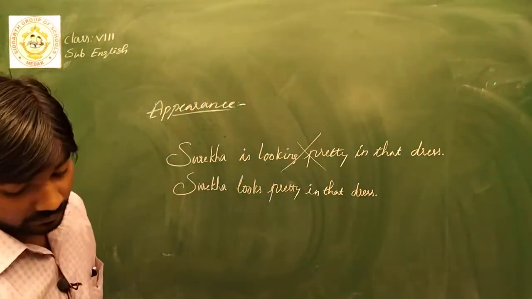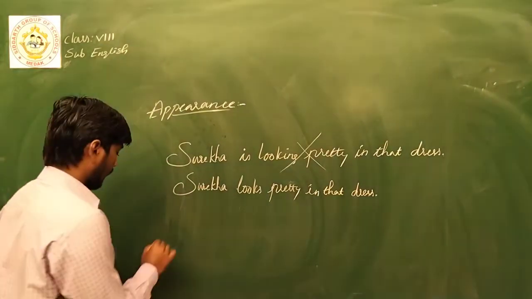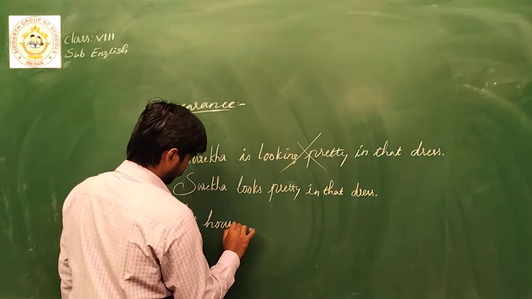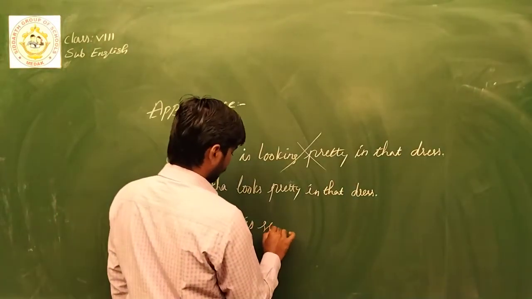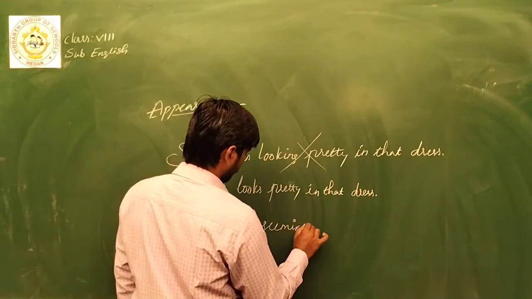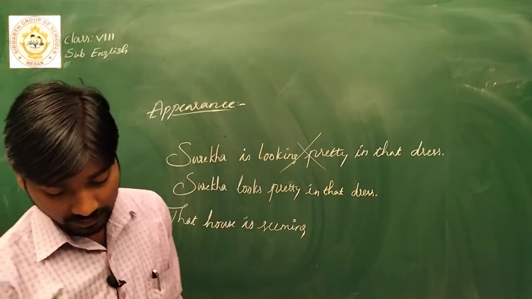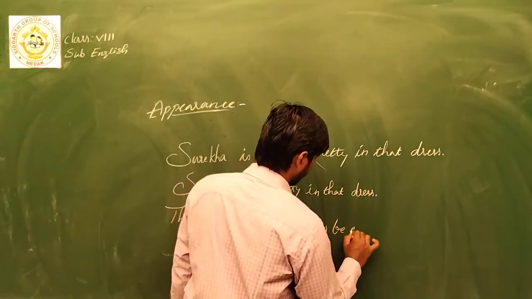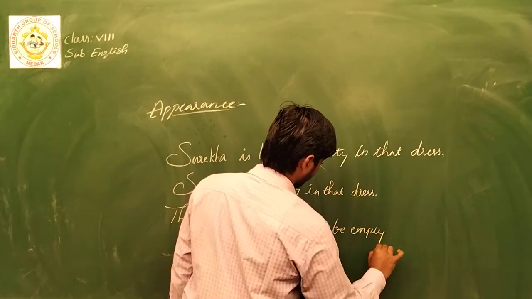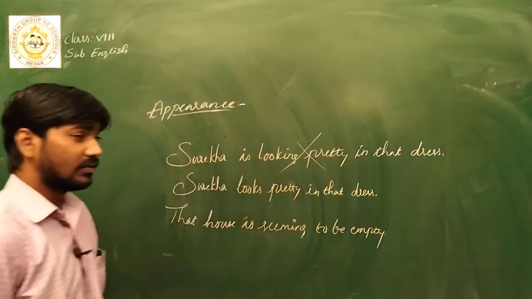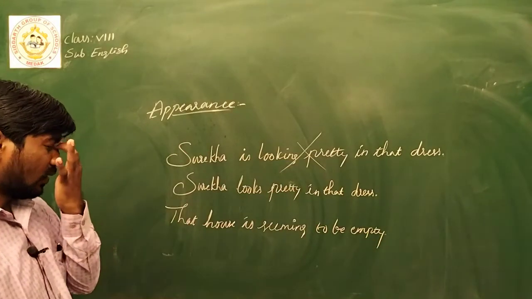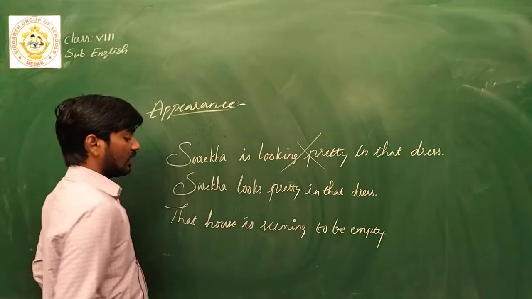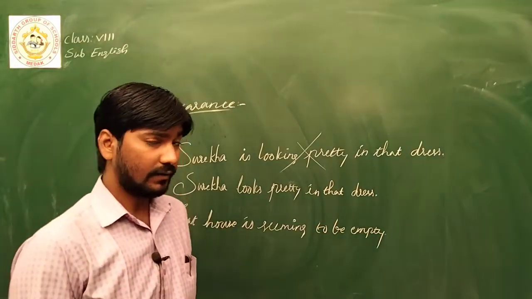And another example. The house is seeming to be empty. Sometimes, if nobody was at home, we use this dialogue: this house or that house is seeming to be empty, but we never use that.